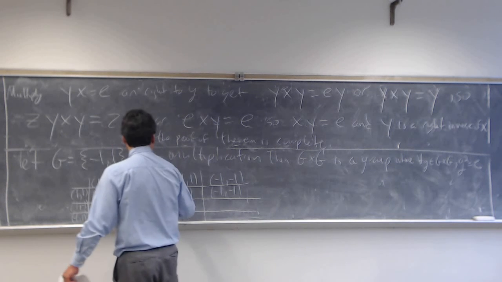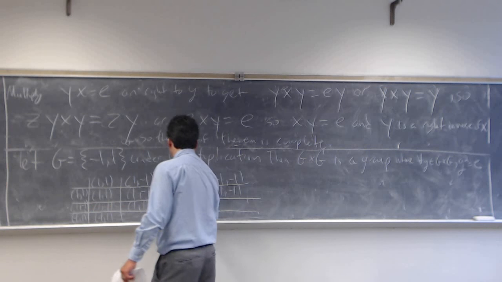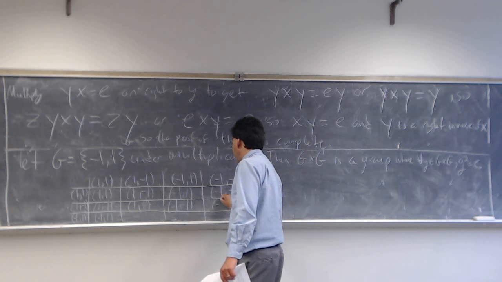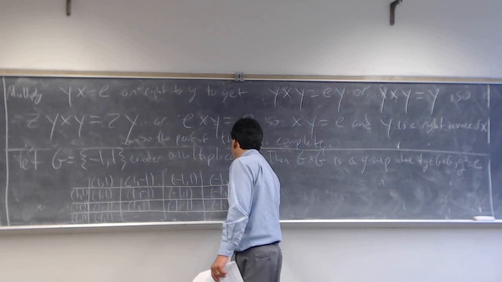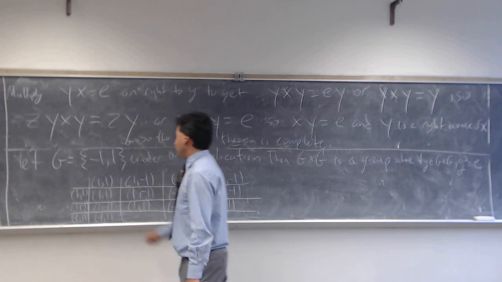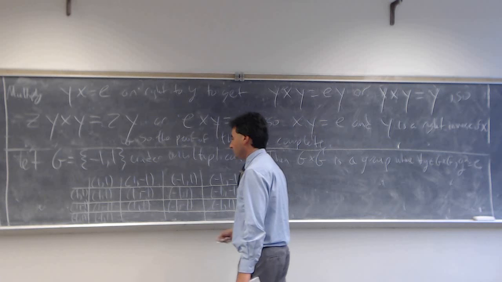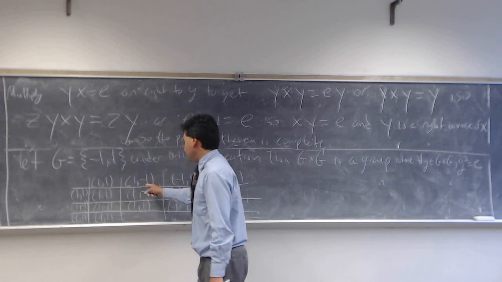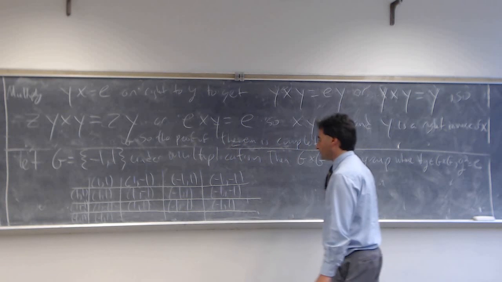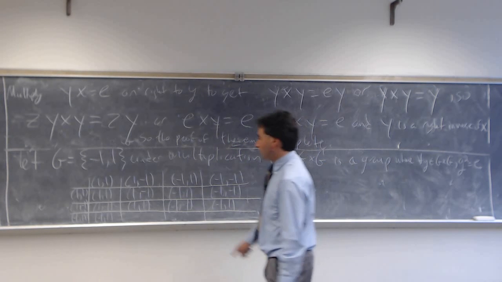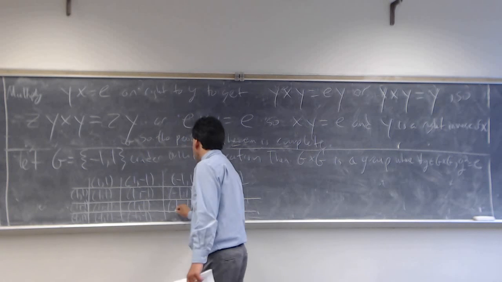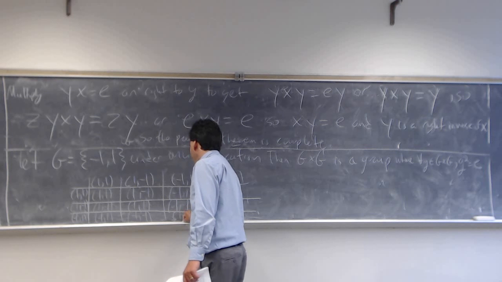And then here, 1 times -1 would give us -1, and -1 times -1 would give us +1. So you remember how we had the table? I think we had A, B, C, D, and then the Cayley table would give the other element. This would be B, E the identity, C, and then B. So this would give us (-1, -1) times (1, 1).